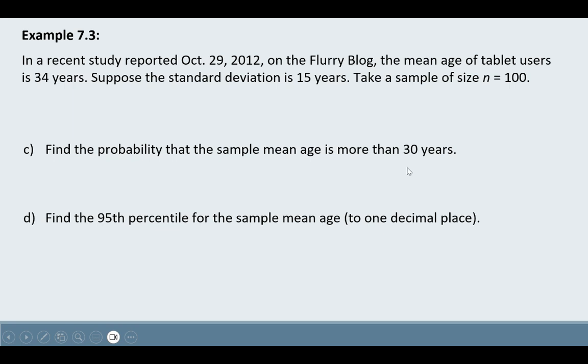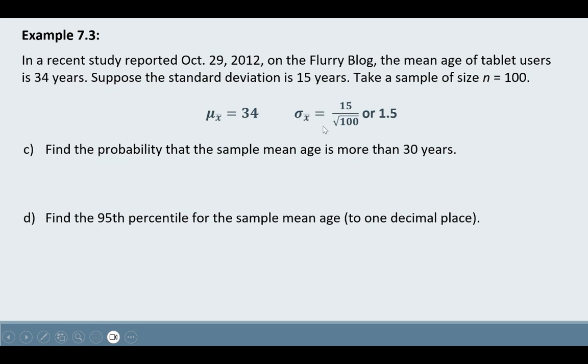So this is a greater than problem. Again, maybe pause the video and take a minute and see if you can calculate three things: mu sub x bar, sigma sub x bar, and then the probability that the sample mean age is more than 30 years. Pause it, figure it out, try those, and then come back and see if you got them right. Okay, so mu sub x bar is 34 because it's the same as our original mean.